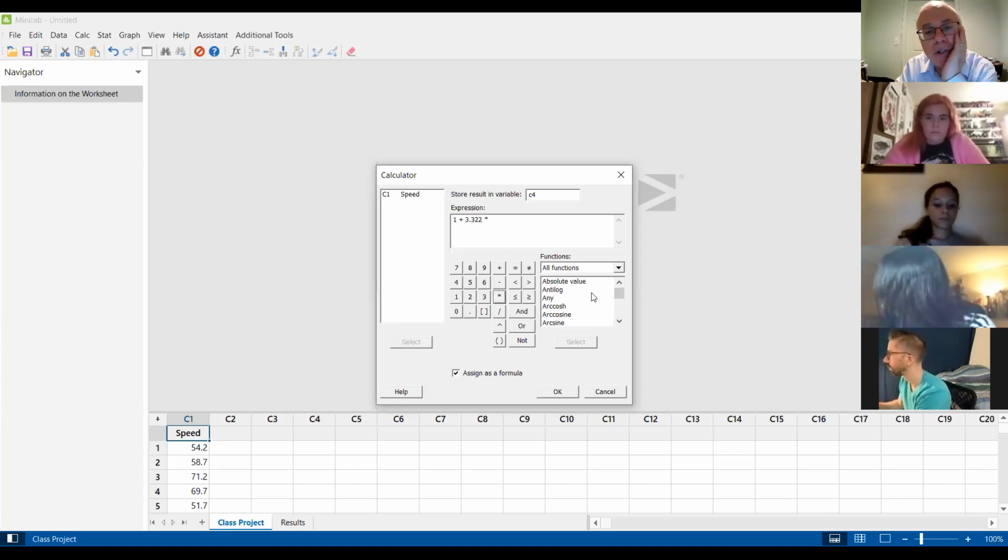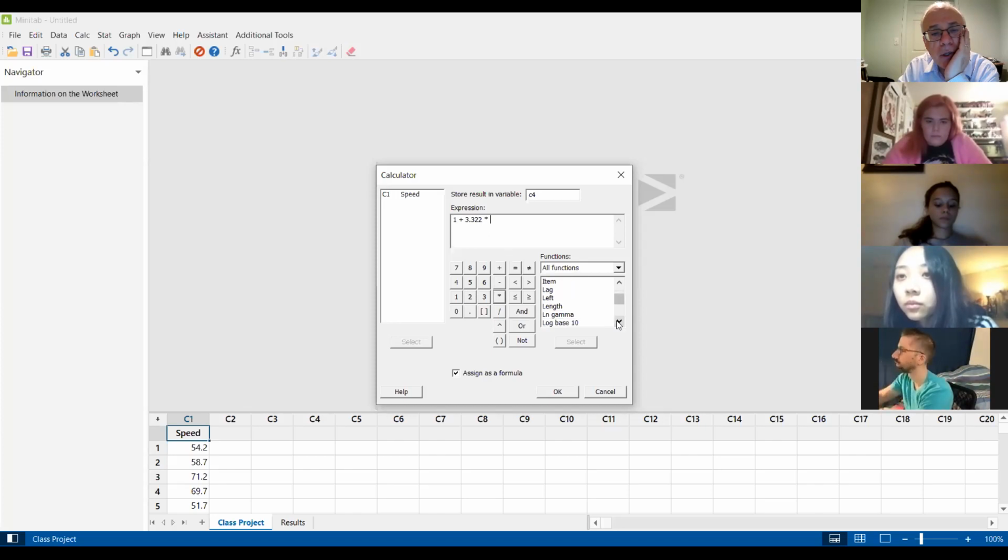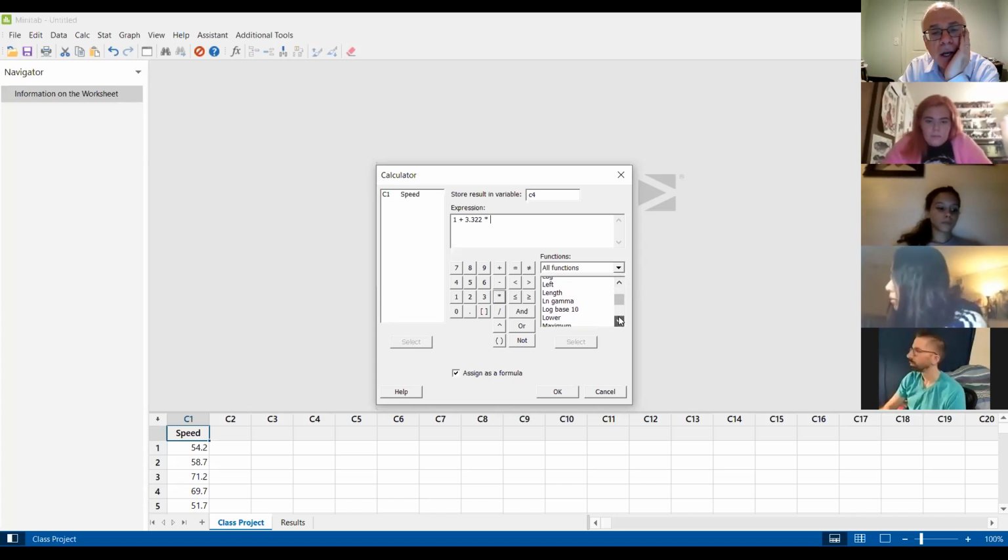Now, where do you find the log? They have a whole bunch of functions here, so just scroll down until you find, well, here we go, we have logarithms. They have log base 10 here. They probably have the natural log in here too.